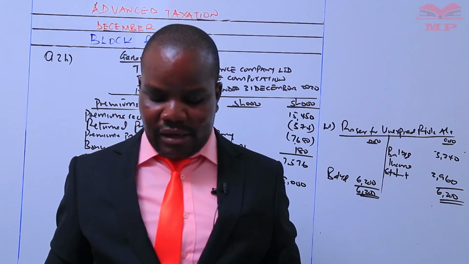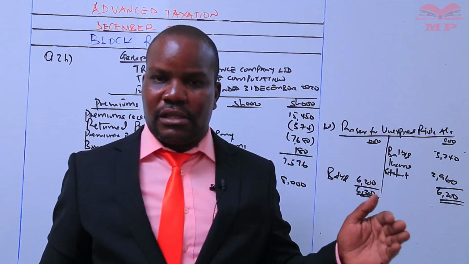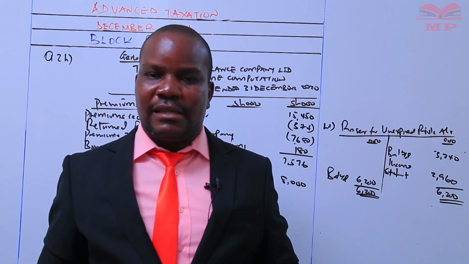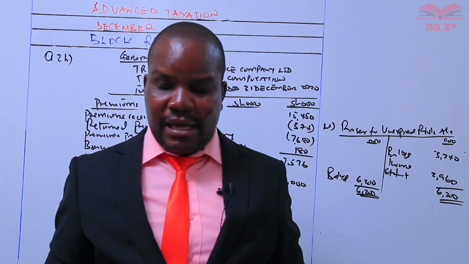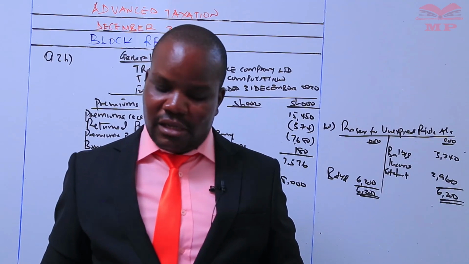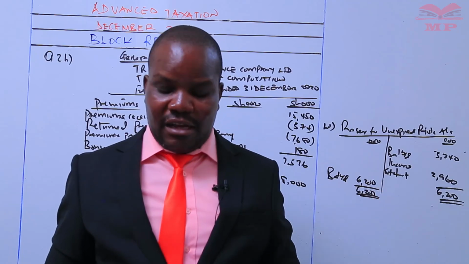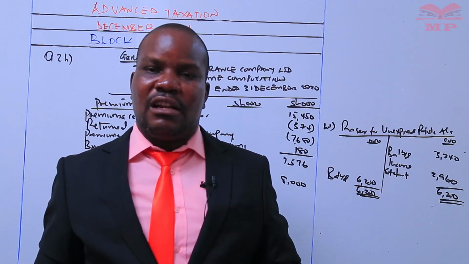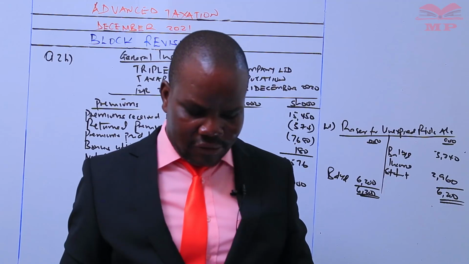The specified sources of income clause states that where a taxpayer has two or more sources of income at the same time, a loss from one source of income cannot be deducted from other incomes. But that is not applicable in taxation of insurance companies. In other words, if an insurance company has two or more sources of income at the same time, like in this case, a loss from one source of income can be deducted as an expense against the income from other sources. So that will come as an expense later on.